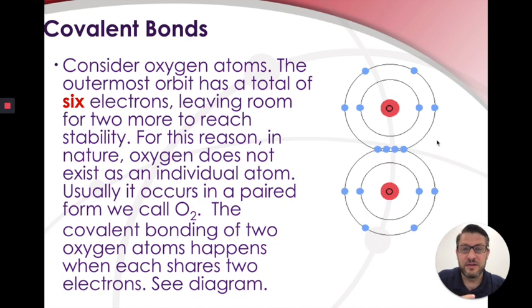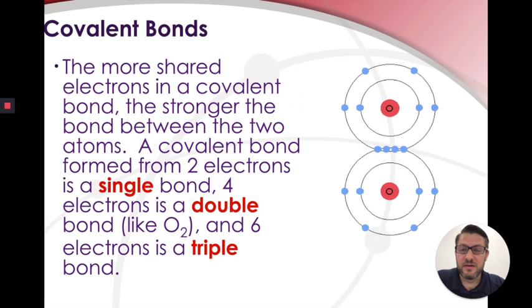This makes for stability in the atom, and this is what creates the covalent bond, is that sharing of those electrons. So when we have electrons being shared, we are creating bonds. So with covalent bonds, we can have single, double, or triple bonds depending on how many pairs of electrons we're sharing. So in this example right here, oxygen is sharing 2 pairs of electrons. So oxygen actually creates a double bond.